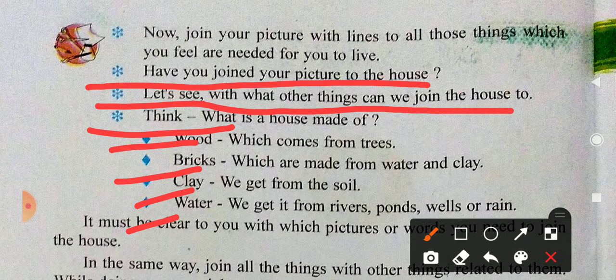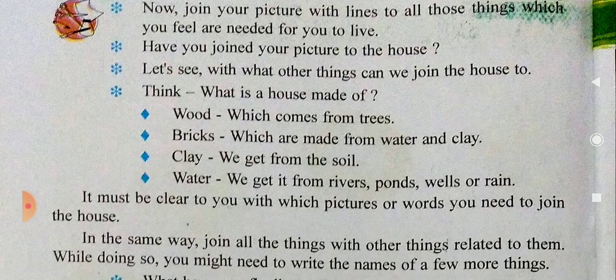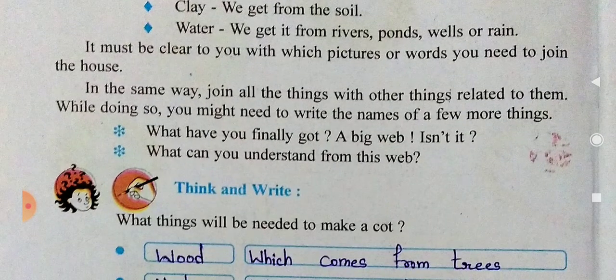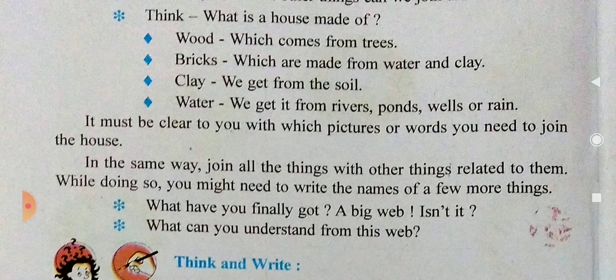Our house is made of all these things. It must be clear to you with which pictures or words you need to join the house, because your house is made of wood, bricks, clay and water.